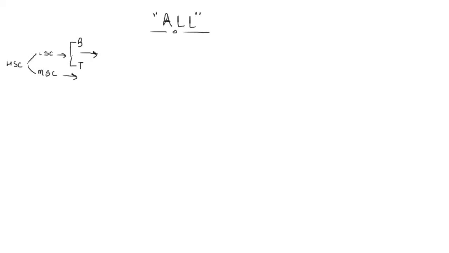So if the acute leukemia is arising from the lymphoblast, then it would be called acute lymphoblastic leukemia. And if it is arising from the myeloid stem cells or the myeloblast, it is called acute myelogenous leukemia or acute myeloblastic leukemia. So this is the basic difference between the AML and the ALL.